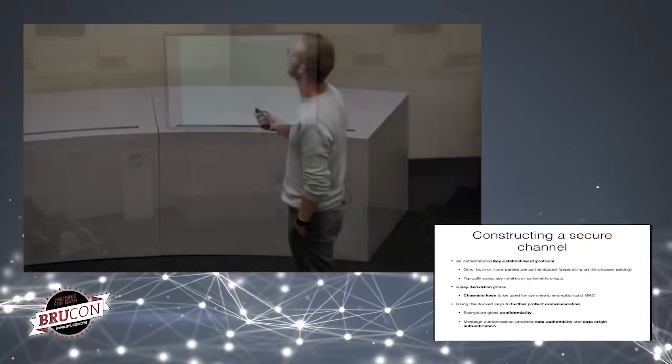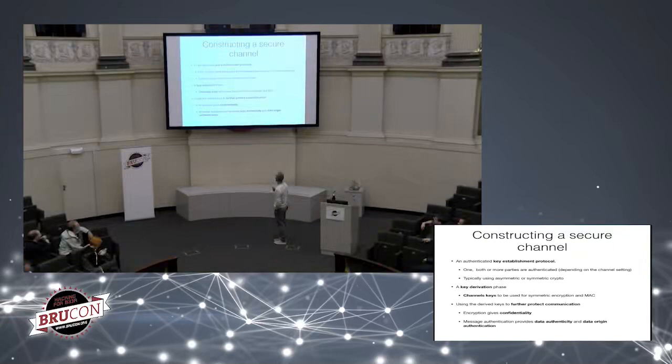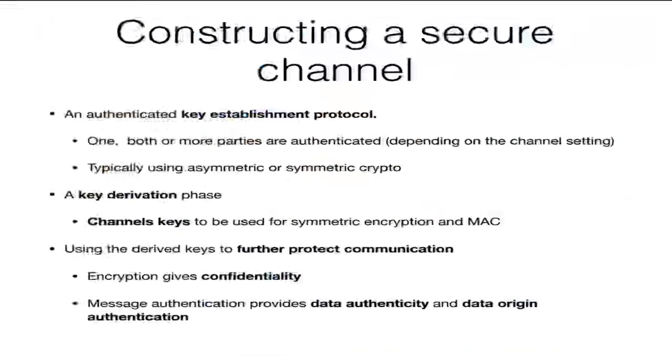This is very often done by using asymmetric or symmetric cryptography. Then for phase two, we need somehow to have a way, from that key establishment protocol, to derive more keys, because we will need more than one shared secret to build this secure channel. So we'll need to have some sort of a key derivation phase where we can extract keys.